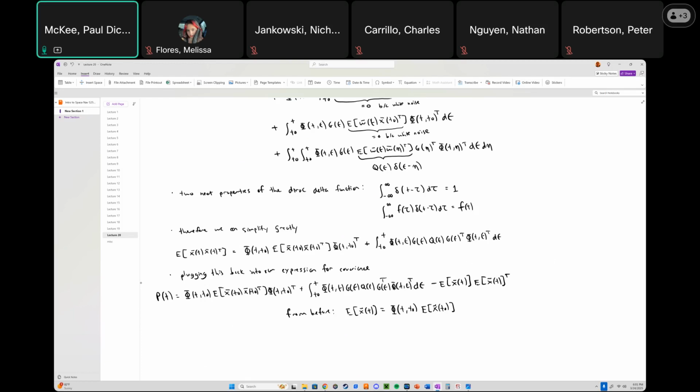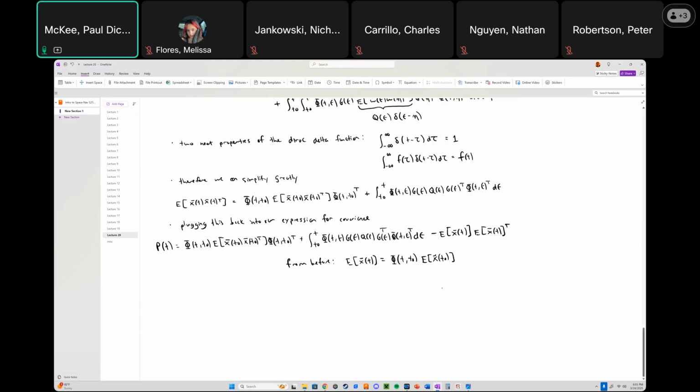Okay, that was our result from before. That was our state propagate step, right? Just plug that in here. And so if we do that, we get what might be, well, I guess we had a four-line equation before, but this is about to get kind of gnarly here.